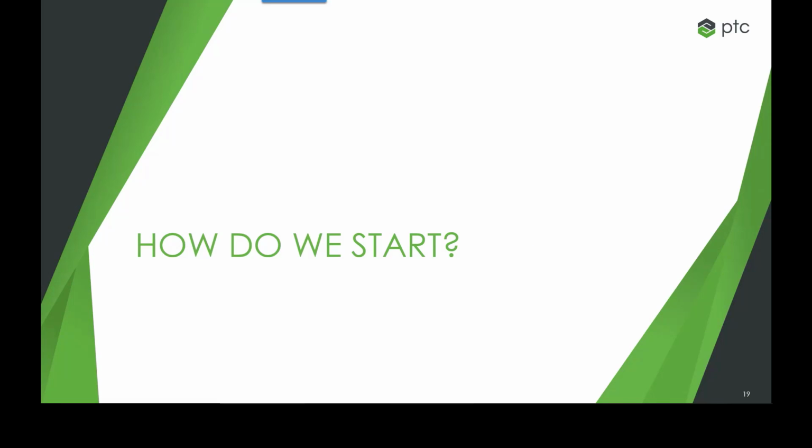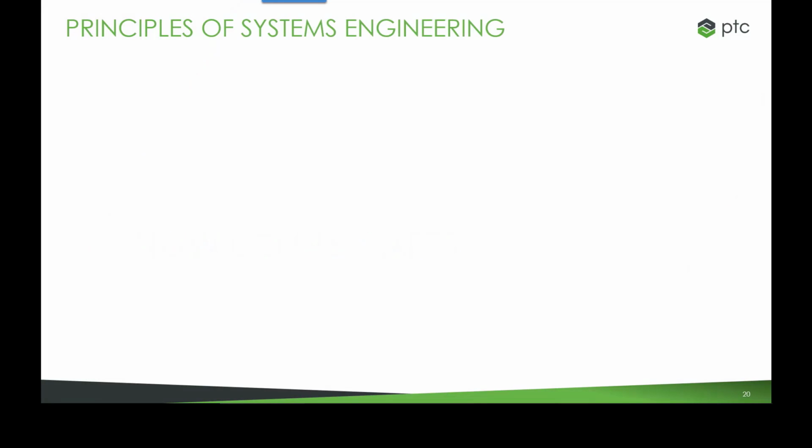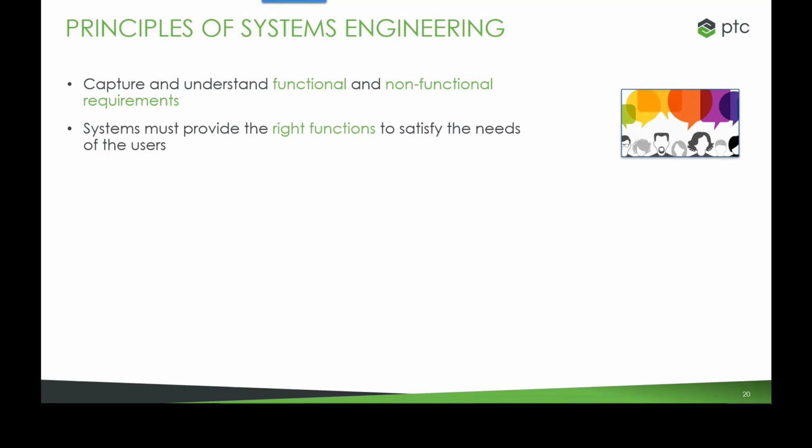Okay, so how do we start to adopt and utilize systems engineering? There are some core principles and concepts that are pretty well established, and they're not new really, and they're not anything too clever. They're pretty obvious when understood. So first of all, we have to understand the requirements, both functional and non-functional.